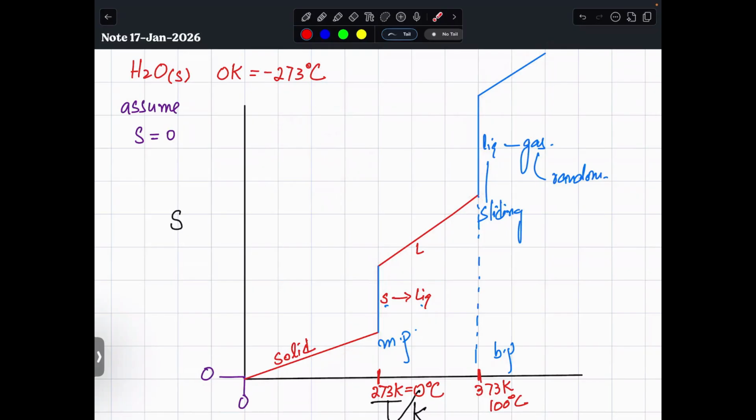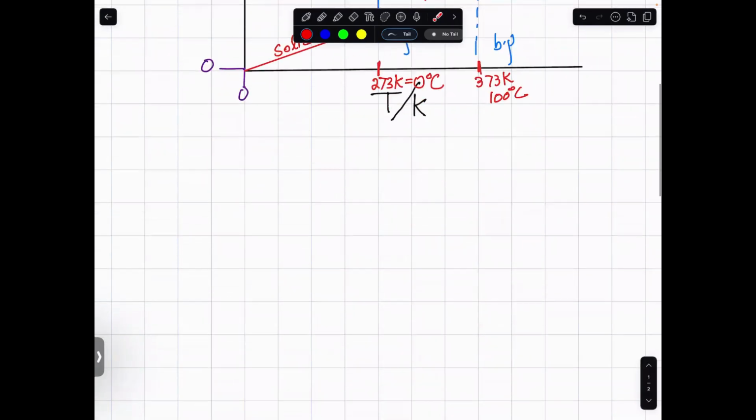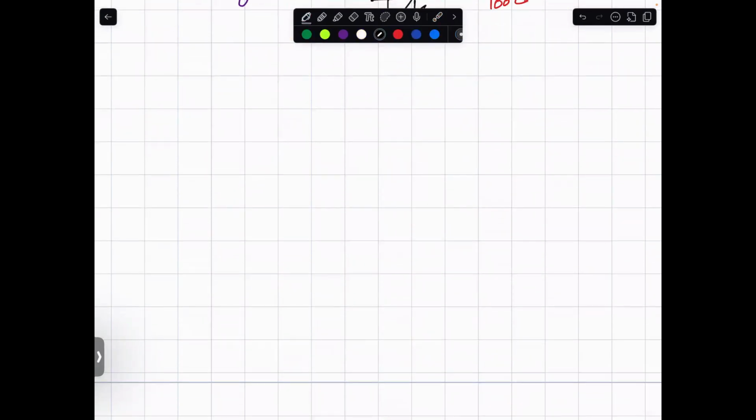Right? Now, your next thing. So what we studied up till now? We studied that the first criterion is what? For gas, the disorder is more than liquid, and for liquid more than solid.